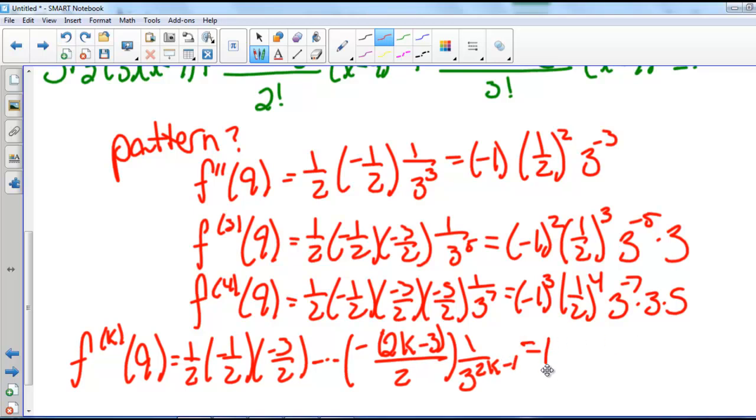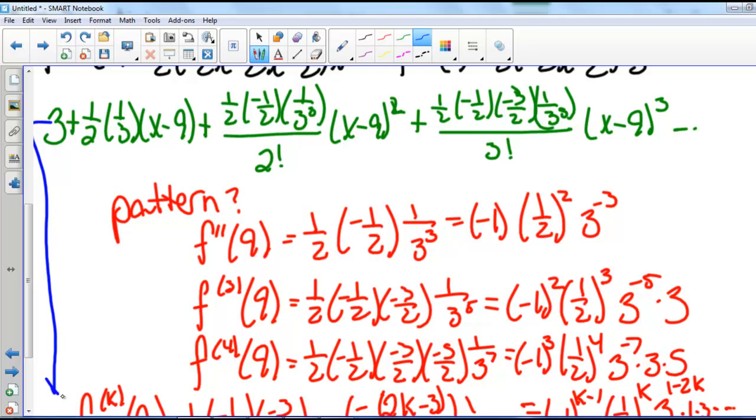And this will simplify to negative 1 to the k minus 1 times 1/2 to the k times 3 to the 1 minus 2k times 1 times 3, etc., up to 2k minus 3.